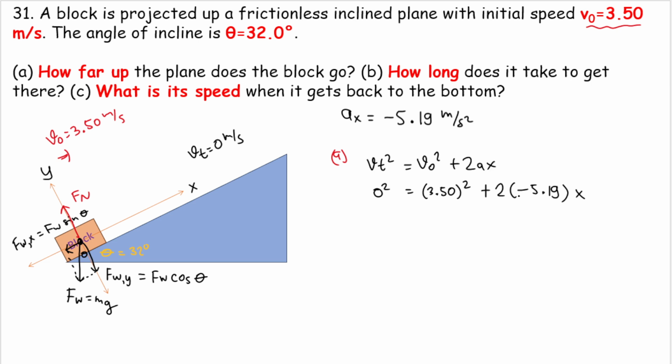Let's move this to the left-hand side and remove the negative sign. So we have 2 multiplied by 5.19 times x equal to 3.50 squared. So x is equal to 3.50 squared divided by 2 multiplied by 5.19. How far up the plane will it go?